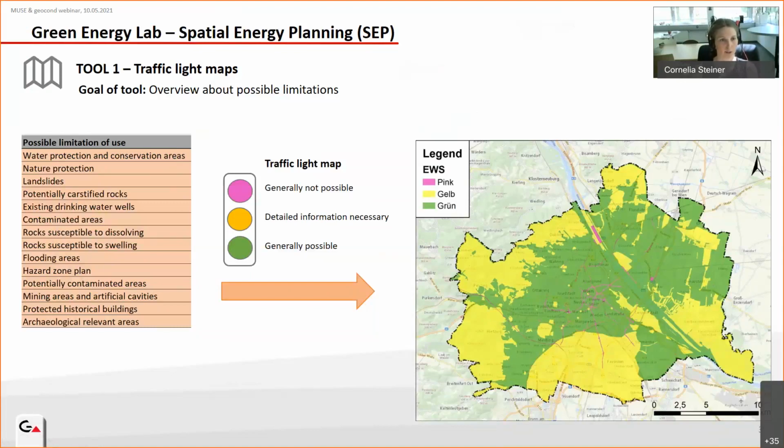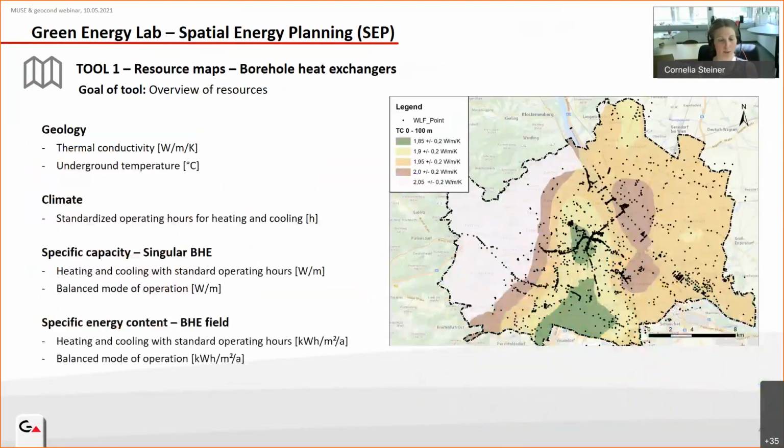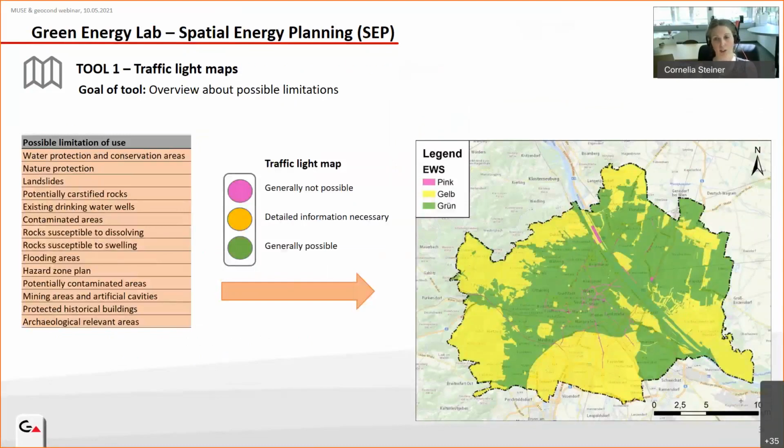And green means that there is no limitation known at the moment, so it is generally possible to use the system. And then this traffic light map combines all the different layers into one map that shows always the strongest color. So pink over yellow over green.